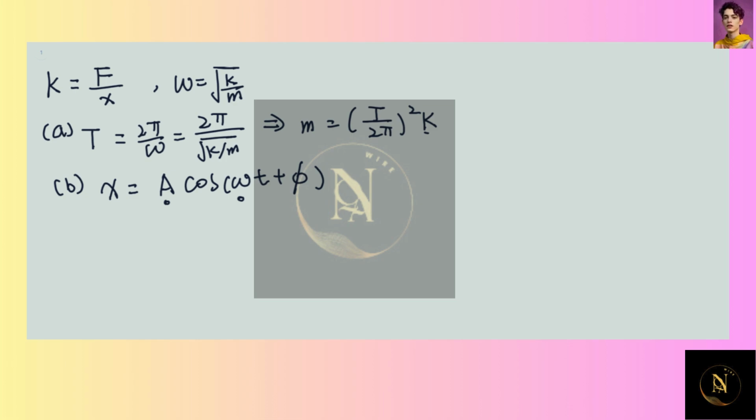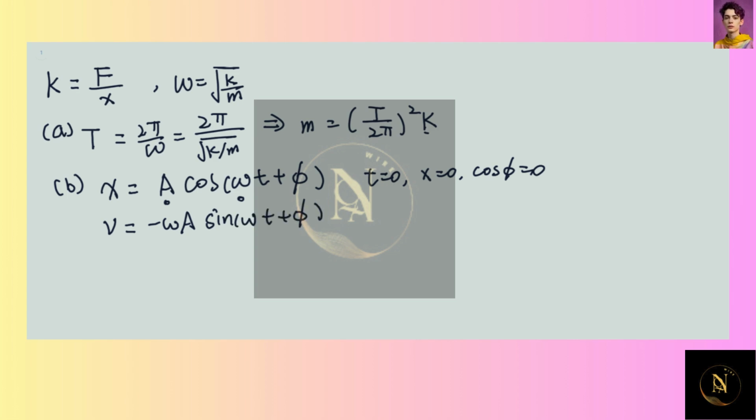But we do know that at t equal to 0, x equal to 0, so cosine phi equal to 0. And at t equal to 0, we can write the expression of velocity as v equal to negative omega a sine of omega t plus phi, right?